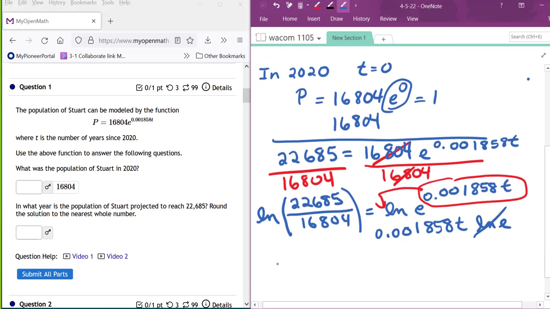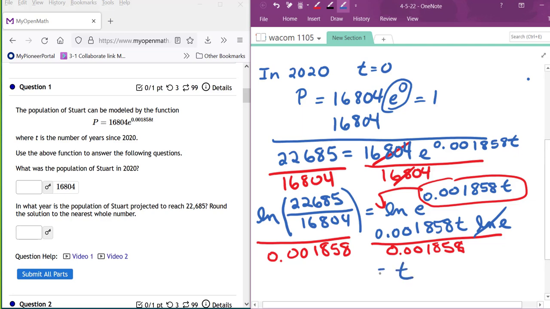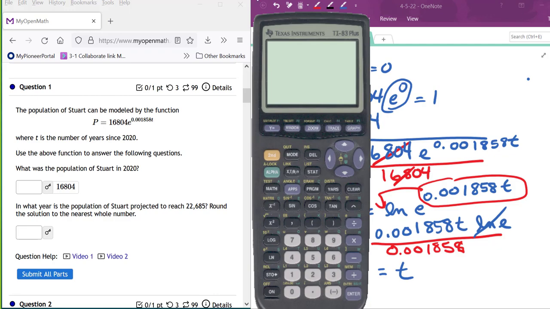So if we waited to do this in our calculator, now we can divide by 0.001858, and that kept us from entering all those digits so many times. And it keeps us from the round-off error. So we'll try it that way. Let's pull up our calculator.